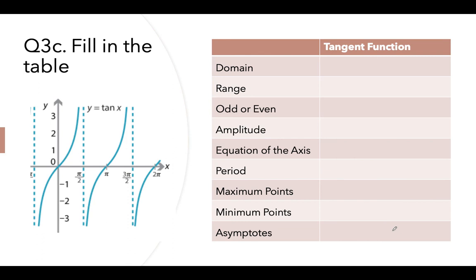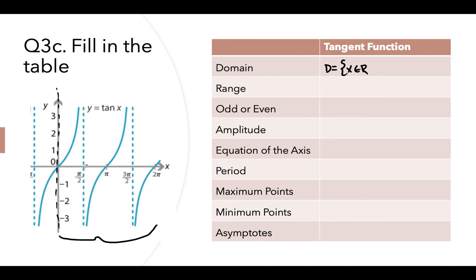And lastly, let's do the tangent. So for tangent, for domain, it seems like x can be any real number, assuming that we're going one cycle from here, all the way up to 2 pi. But it looks like we do have a restriction.